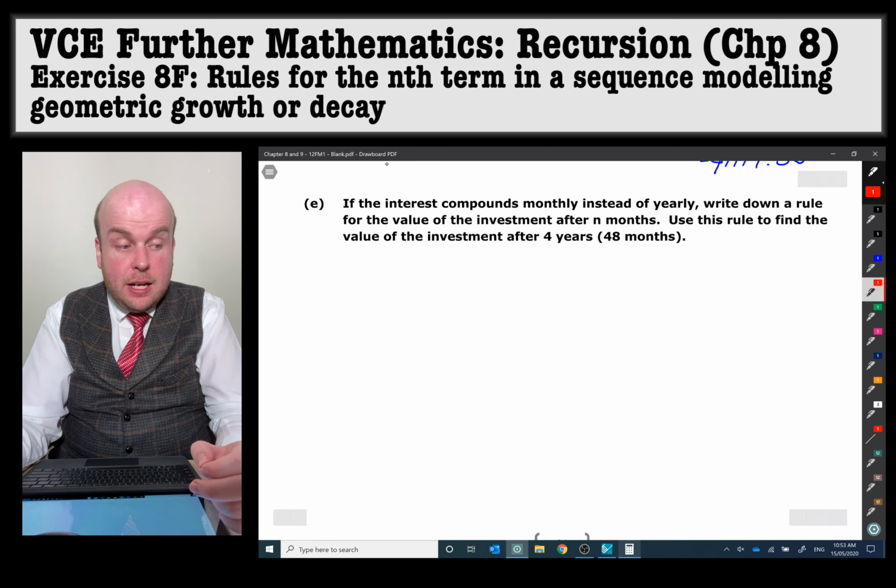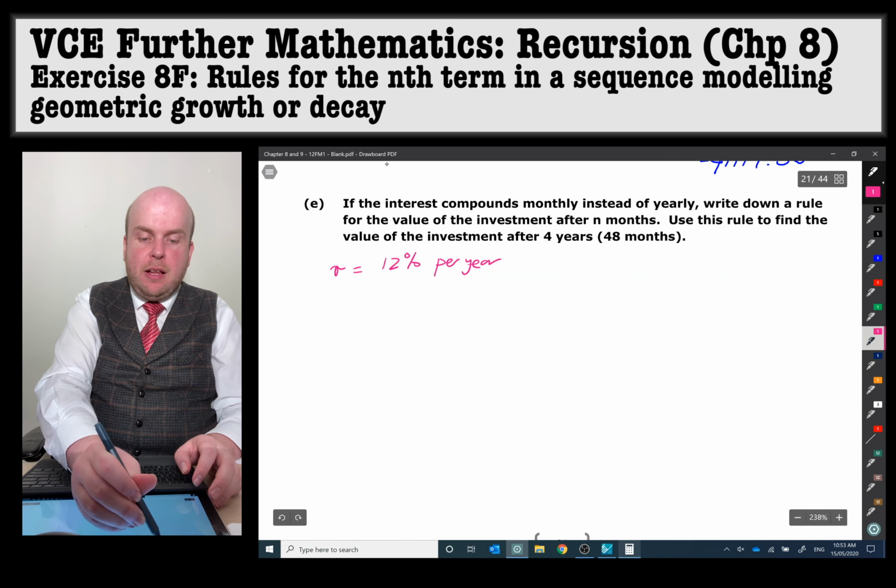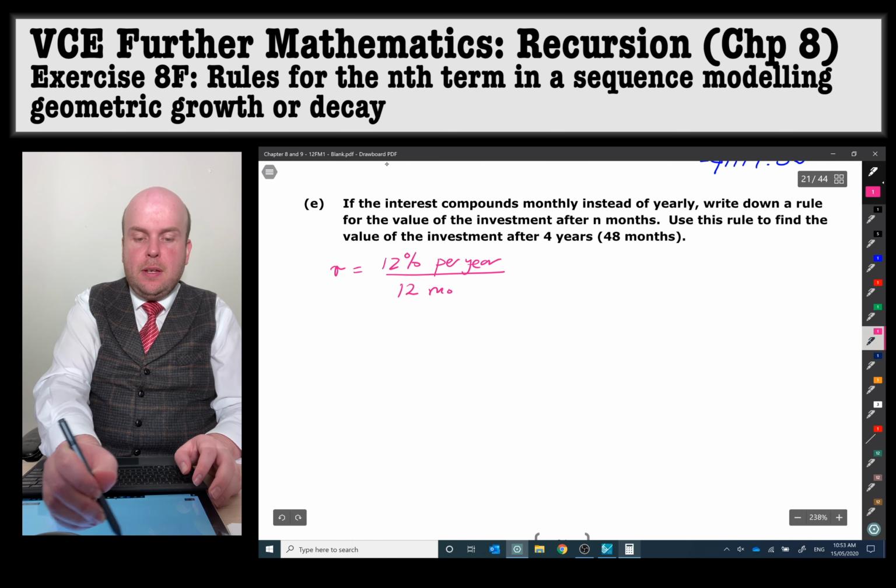The first thing we need to do is change the interest rate, because that is currently in years. But when we're compounding in months, we need to turn that into months. So it's 12% per year, and we need to divide it by 12 months. That means it's 1% per month.